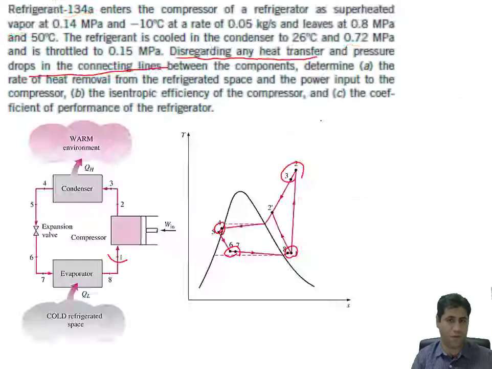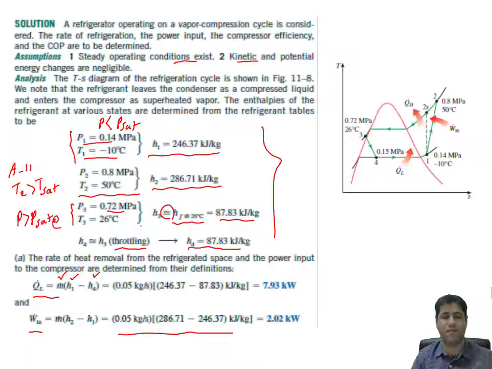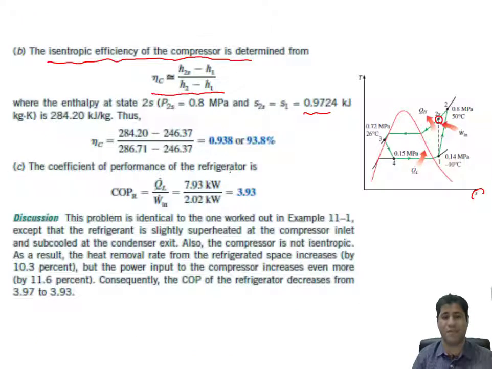From this table we can find the entropy for state 1, which is 0.9724 kilojoule per kilogram Kelvin. So the entropy for state 2s is also equal to that. And we know that the pressure at this state is 0.8 megapascal. So for state 2s, we have pressure and we have entropy.